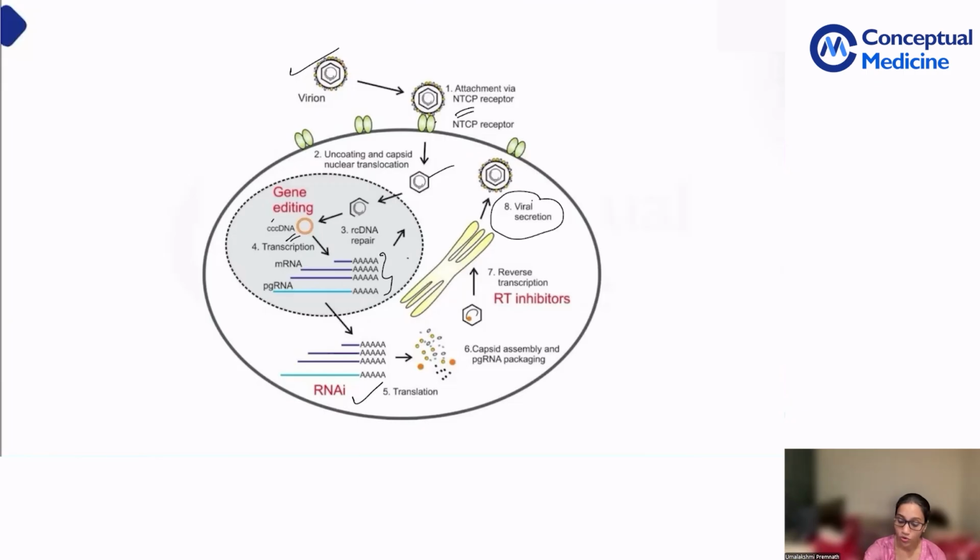So first, uncoating happens, then the capsid and the polymerase inside, cccDNA inside the nucleus becomes the mRNA. This mRNA, that's the usual thing: RNA becomes proteins. So there are protein particles which have been produced. Apart from that, through this mRNA intermediate, you have your DNA polymerase or your reverse transcriptase, which helps in DNA formation as well.